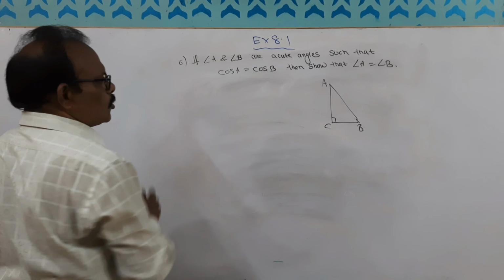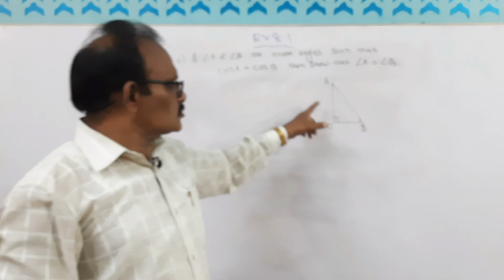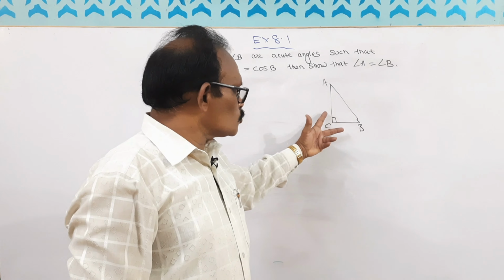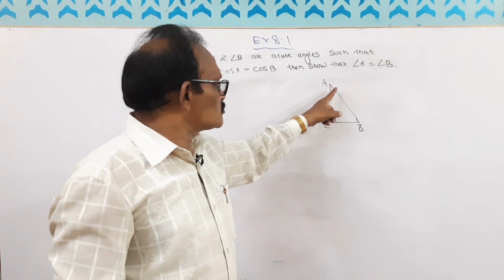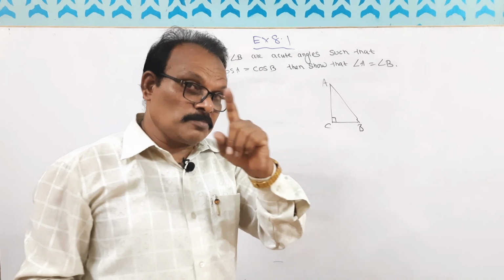So for proving these two angles are equal, we must prove that AC is equal to BC. If these two sides are equal, automatically by the rules of the isosceles triangle, the opposite angles must be equal.